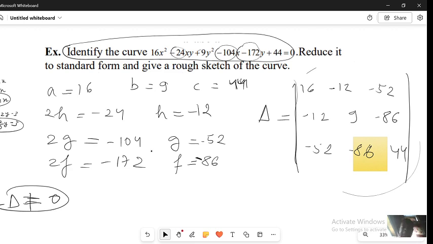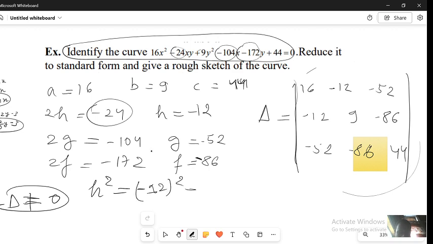Let's compare. Now the value of h square equals the value of h. What's the value of h? No, the value of h is minus 12, so minus 12 square equals 144.